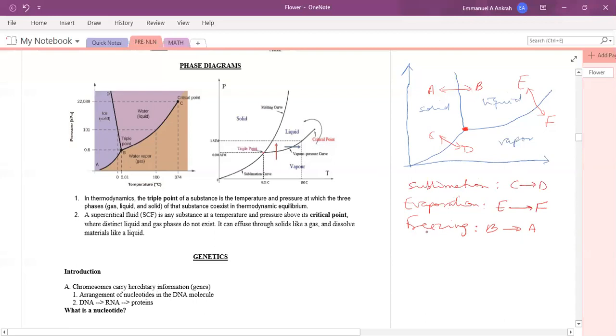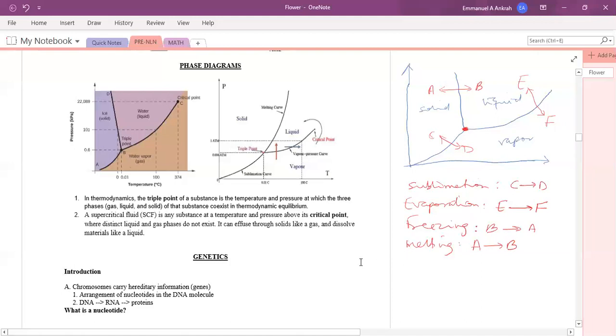Which one represents melting? Melting is from solid to liquid. So the solid phase, which one is the solid? C to liquid, sorry. So it's A to B. So melting is from A going to B, and so on.